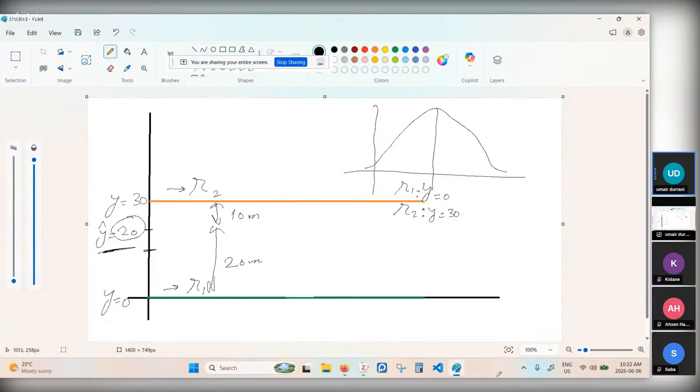So considering R1, 20 meters would be somewhere here. And considering R2, 20 meters would be somewhere there. So depending on what particular road segment we are considering at the moment, we are looking at the GPS position and essentially the error in the GPS position that we are getting. Because the driver is either on R1 or R2, but the navigation system is telling us that the value is 20 meters.